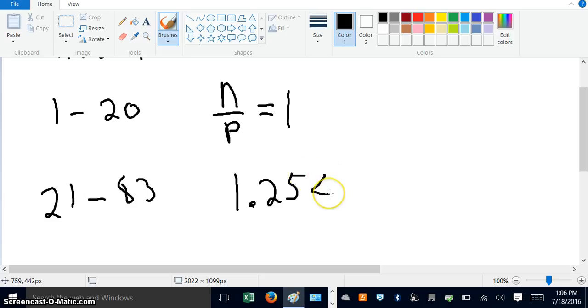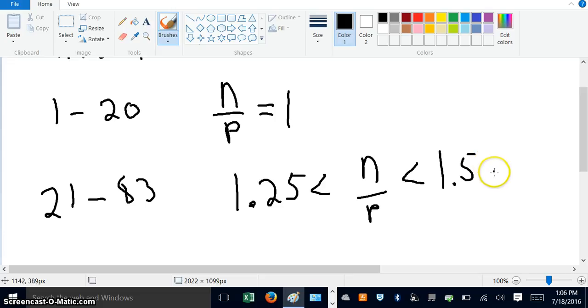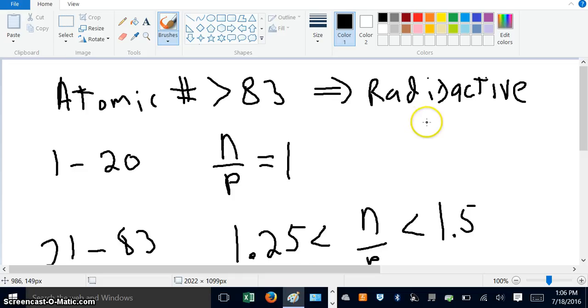So that's the lower limit, and it's the neutron to proton ratio. And the upper limit is 1.5. All right, so we'll do examples of those. I think that's the way to predict whether an atom is radioactive or not. So we'll do some examples.